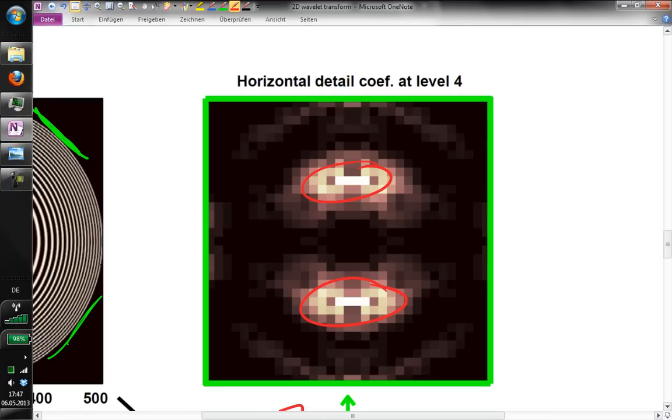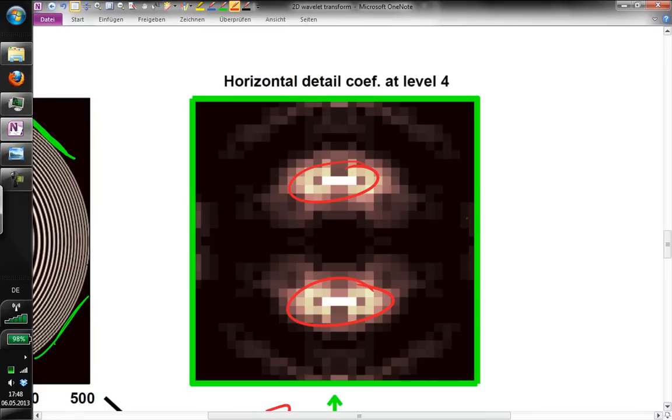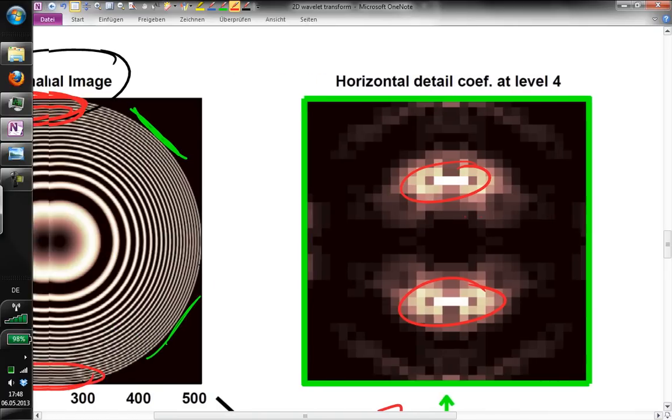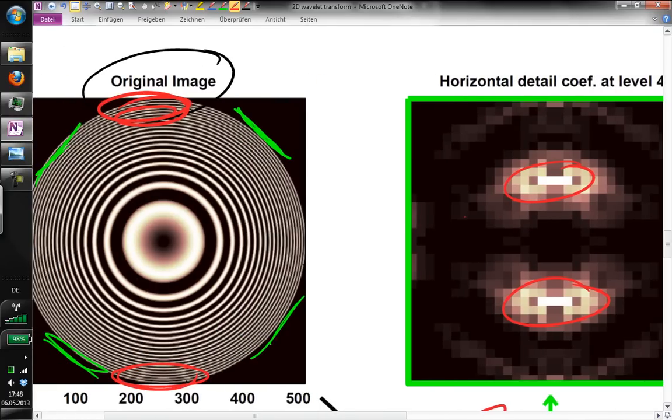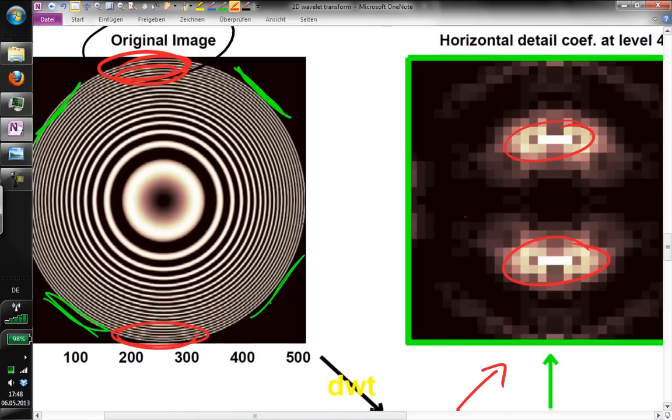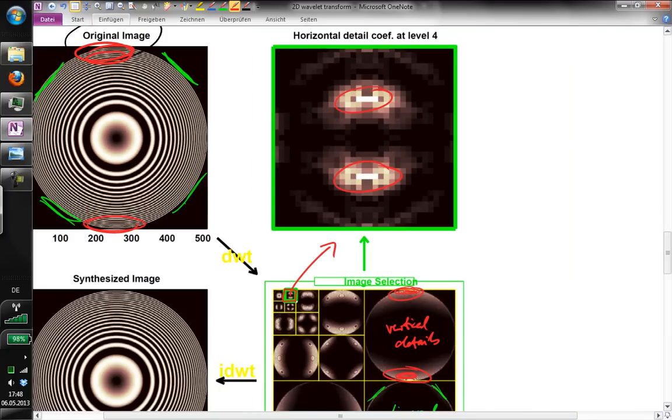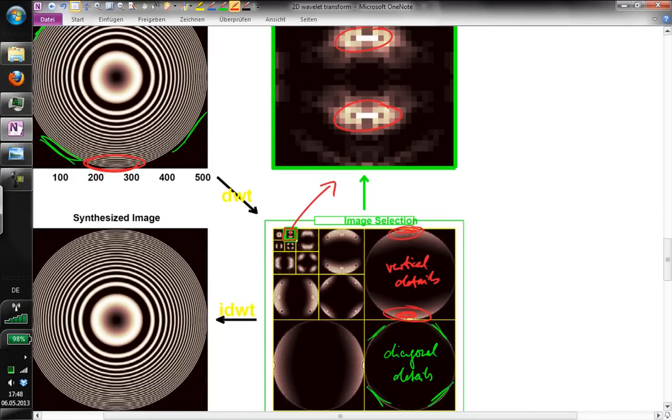Okay, so we have a direct reflection of the change of spatial frequency in the original test pattern, which means that different parts of the image get mapped to different parts of the wavelet transform down there.